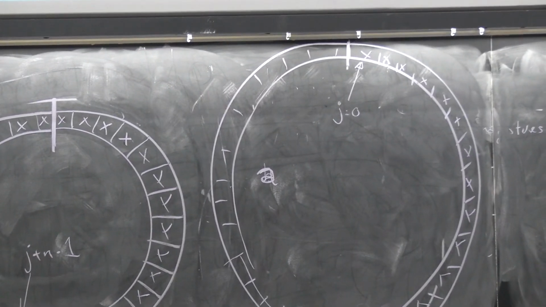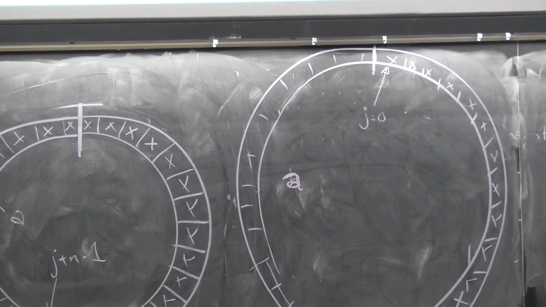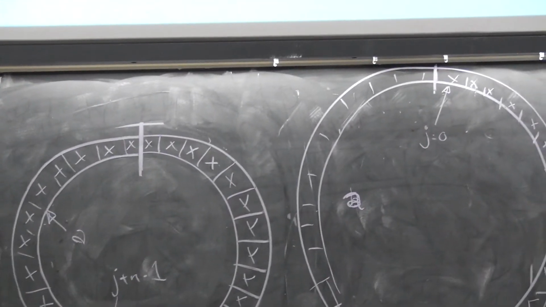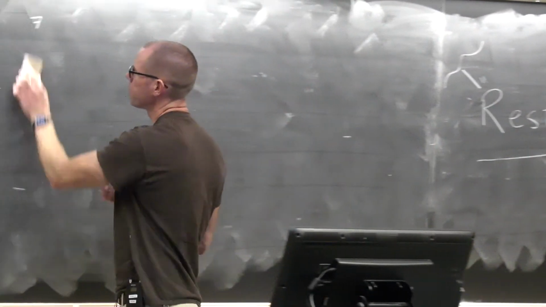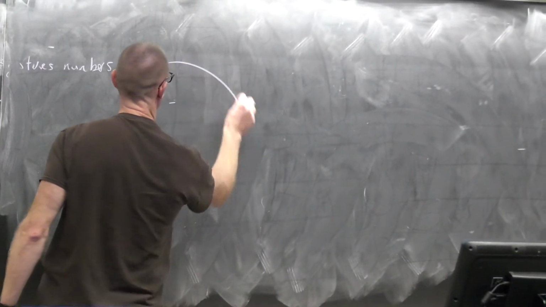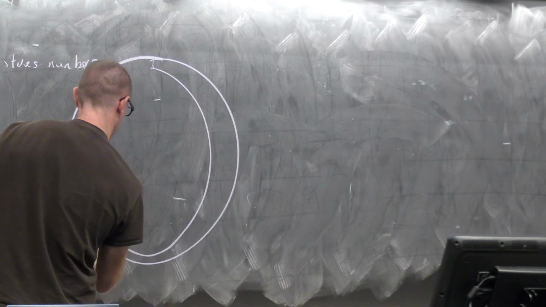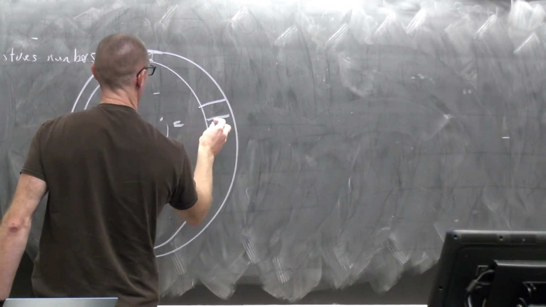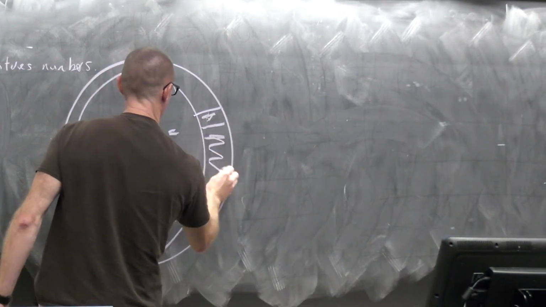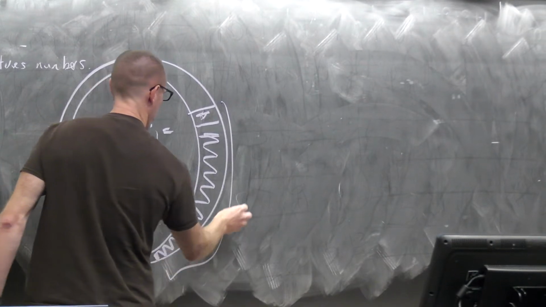And on the other side, we sometimes get into a situation where our circular array starts to get really empty, and we don't want to waste space. So we might have some circular array like this. Our j is here, and the data gets to be quite small.